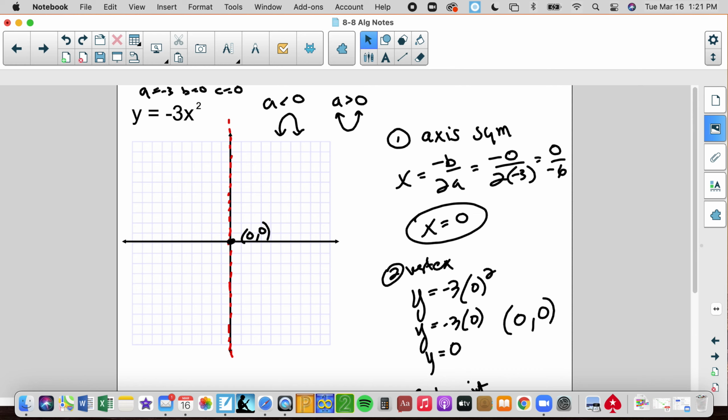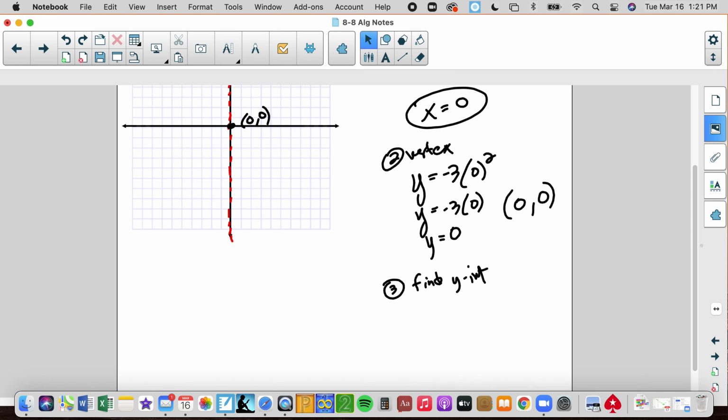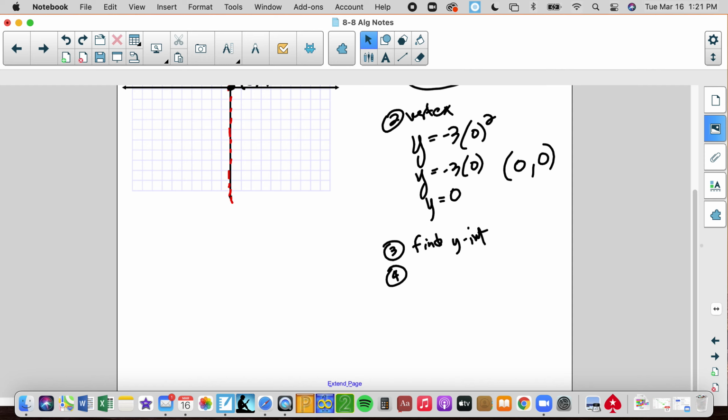And the other bigger bummer is that it doesn't have a mirror point either, because it's right on the axis of symmetry. So find y-intercept and mirror y-intercept, not applicable. It doesn't work. So we have to go to 5, find a fourth point, which is in this case really the second point.